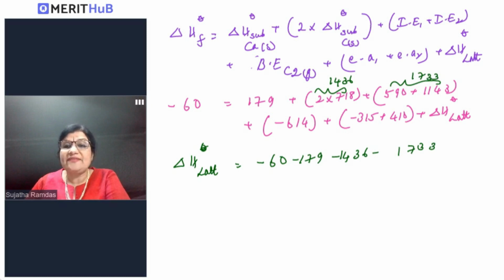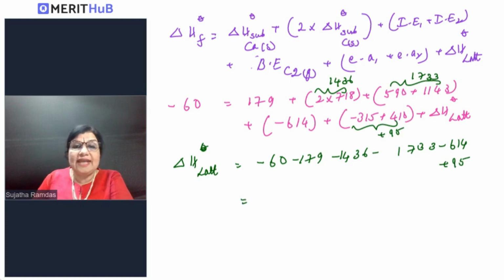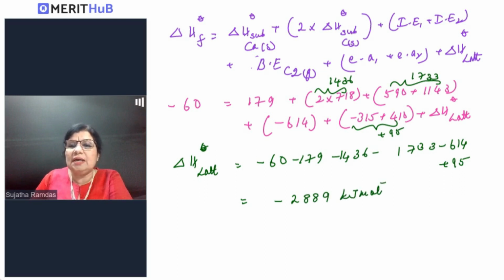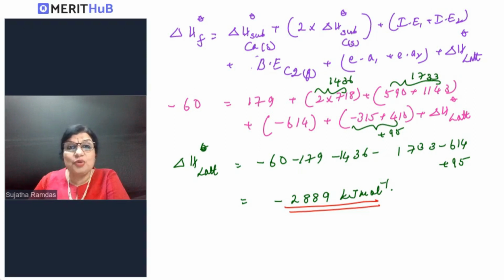Okay, so 1733 minus 614, and this would be plus 95. And if you solve for this, you'll get the answer as minus 2889 kilojoules per mole. Okay, so this is the answer to the question, or this is the value that we get for the lattice enthalpy of solid ionic compound calcium carbide.